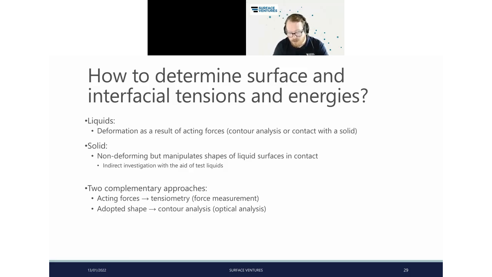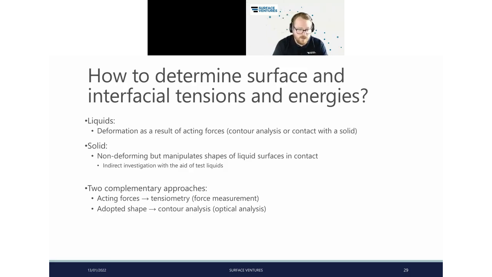We can either model the contour of a droplet or its interaction with a surface, or for the solid, where it doesn't deform, it will instead manipulate a liquid in contact with its surface. With various test liquids, we can perform a more indirect investigation. This is coming a little bit more onto the experimental methodologies that you can use for this.